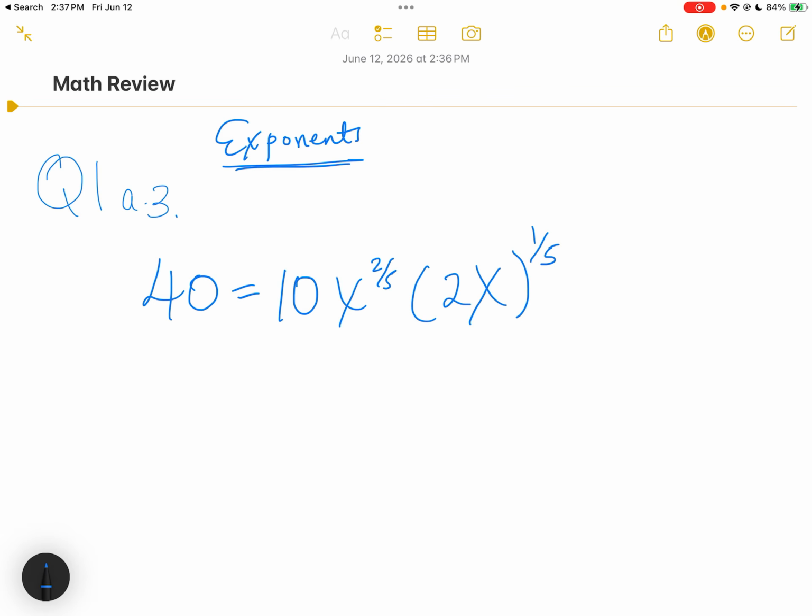We are working with exponents, and in the math review I put in some of the exponential rules that we'll be using. So right here, the second line that I would write is this, right? 2 to the power 1 over 5, x to the power 1 over 5, because we can just distribute that power over the items within the parenthesis.